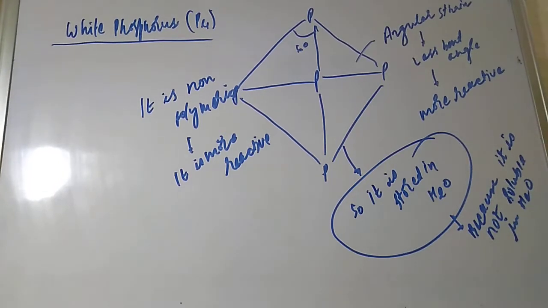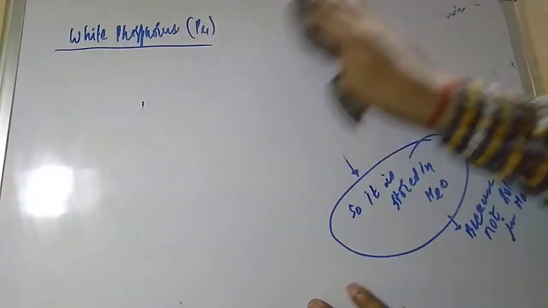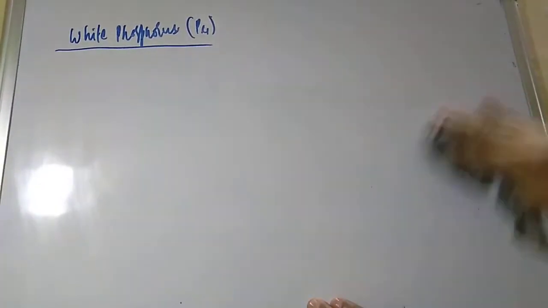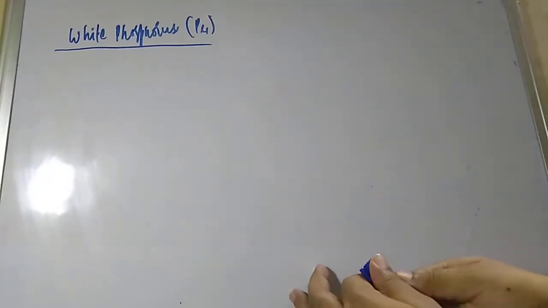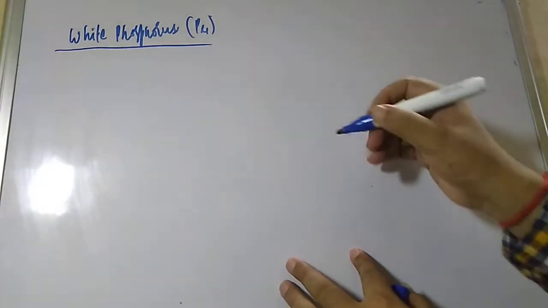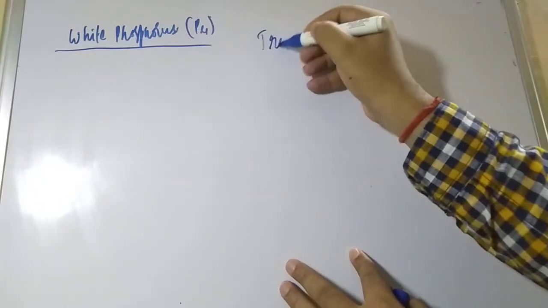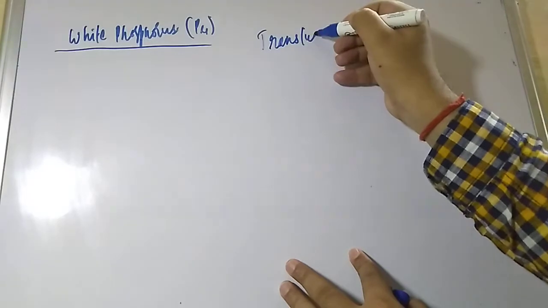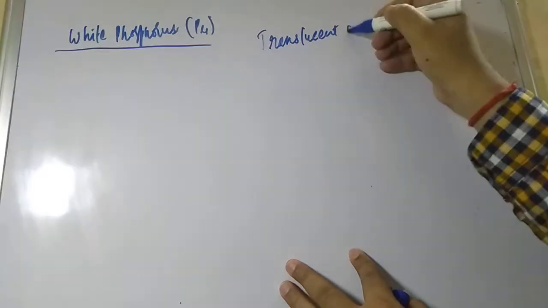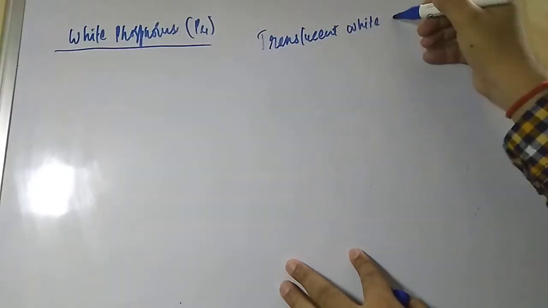What other properties can we say for white phosphorus? Firstly, it is a translucent white waxy solid.